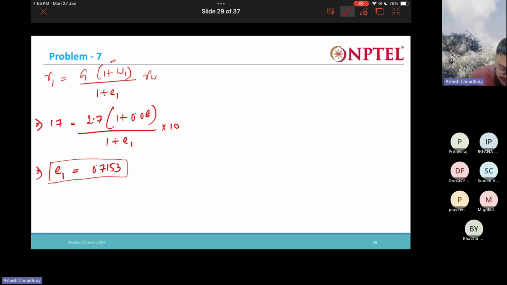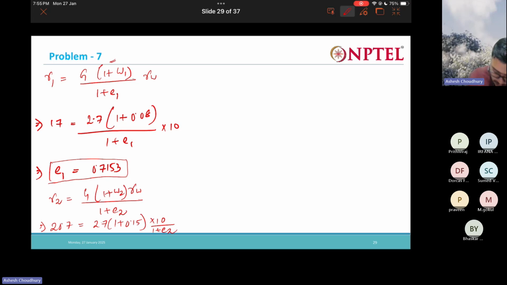Similarly, for the embankment, we can get the same E2.